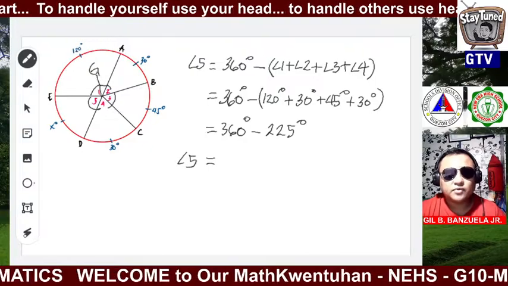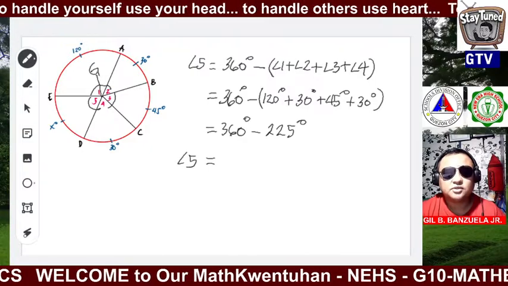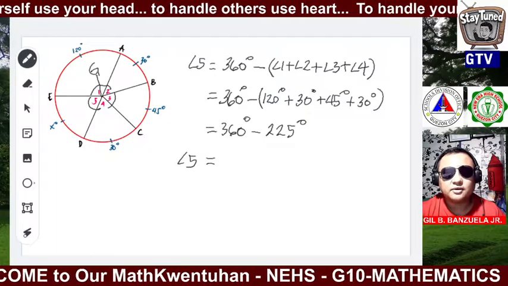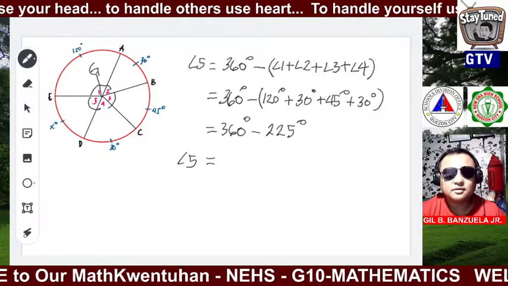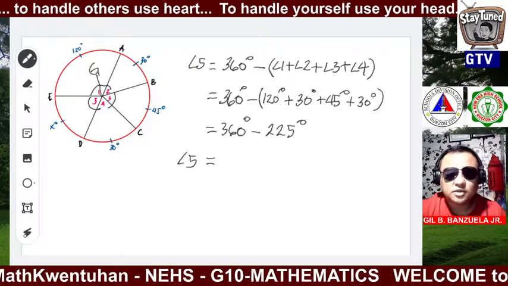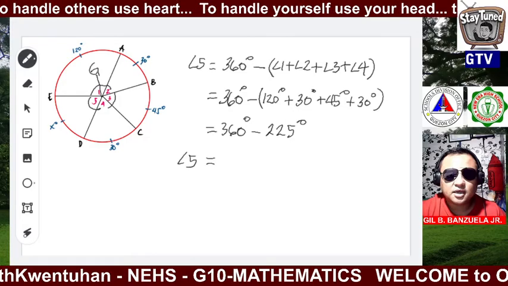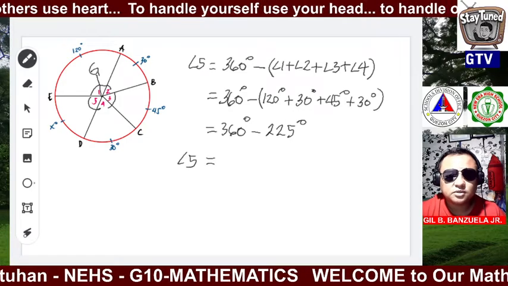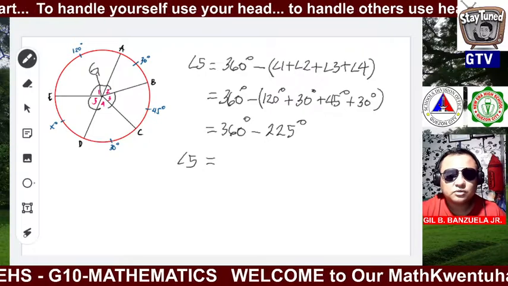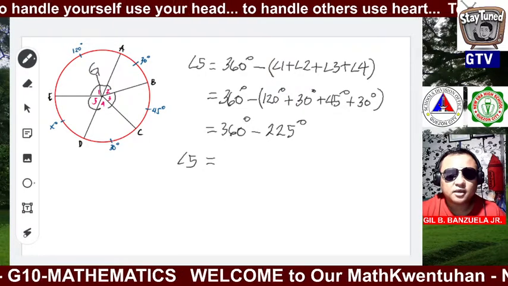Okay, so therefore, angle 5 is 360 minus 225. So, let's get our calculator. Ayan. So, that is 360 degrees. Oops. So, 360 minus 225.